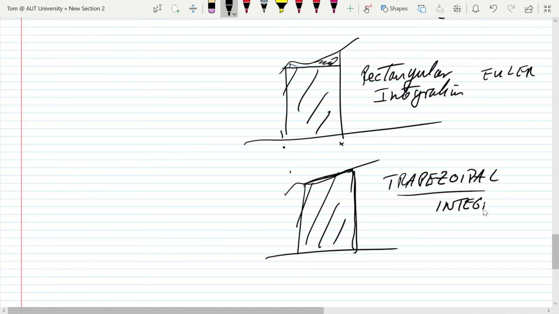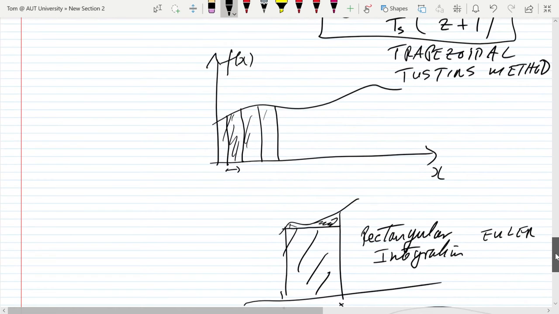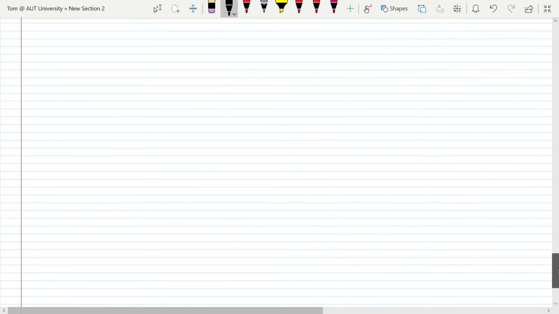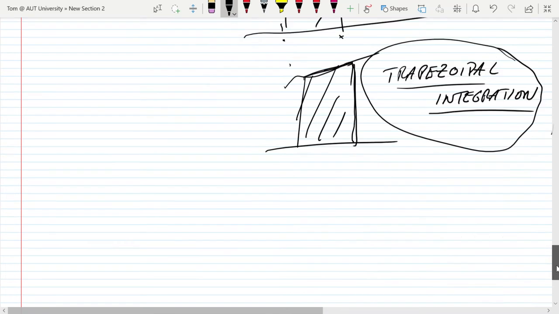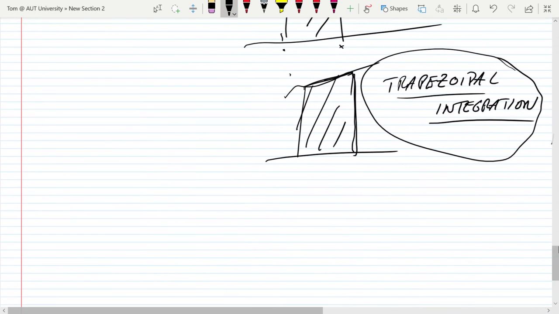So it turns out, again without going into all the maths, that this trapezoidal method is a better approximation than the rectangular methods, although you can use the rectangular methods for certain applications. There's no question about that. We use them just as basic integrators, for example. But the trapezoidal one is kind of better.